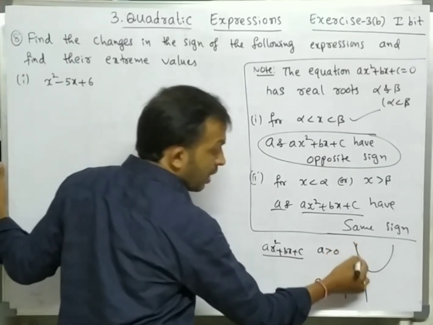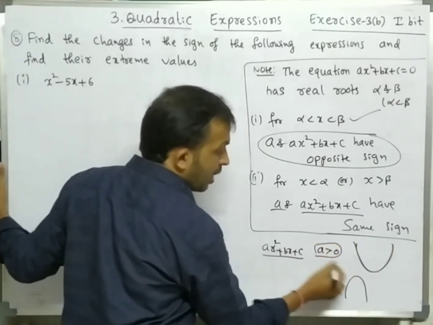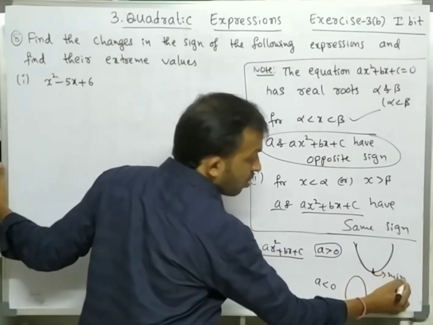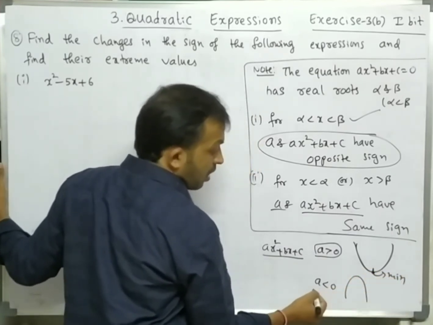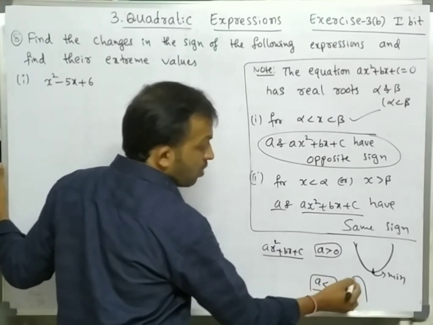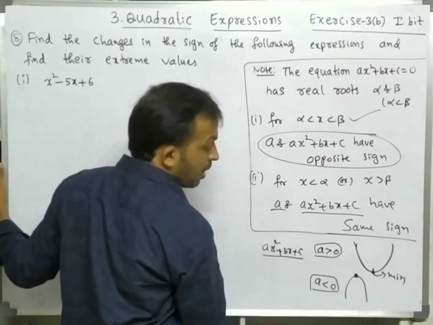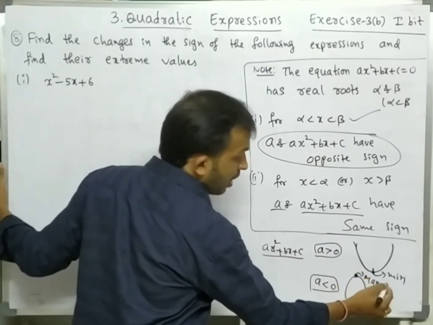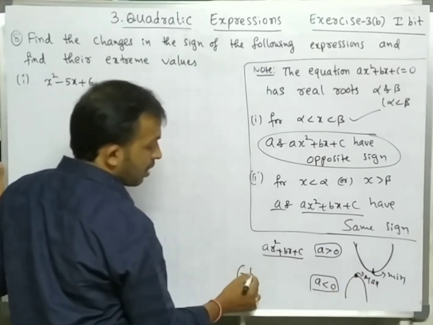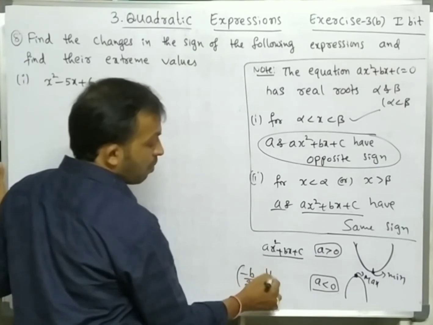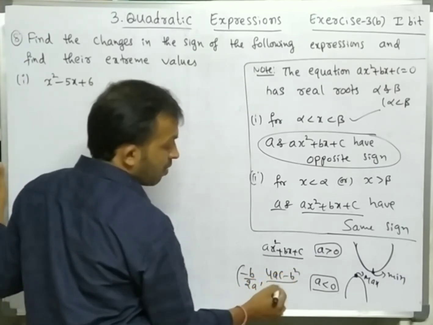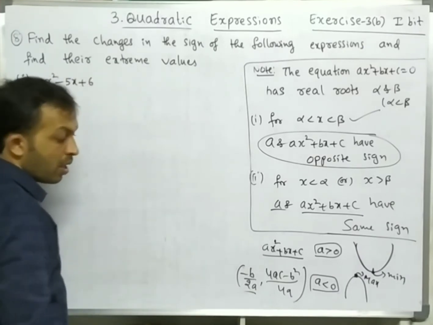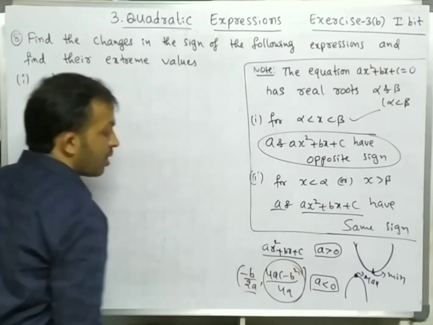So if a is positive we get a minimum value, and if a is negative we get a maximum value. In both cases the formula is minus b by 2a comma 4ac minus b square by 4a. The value exists at minus b by 2a and the extreme value is this one.